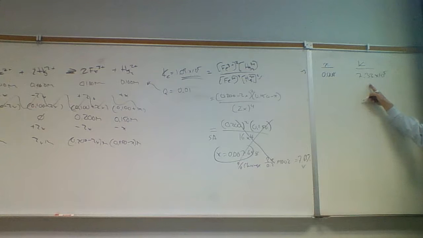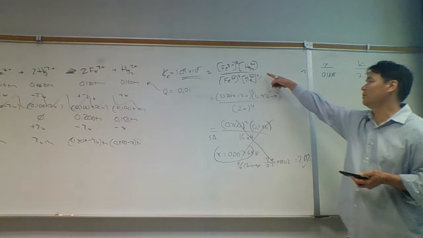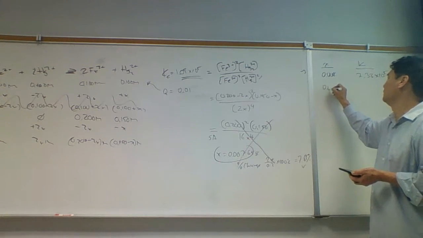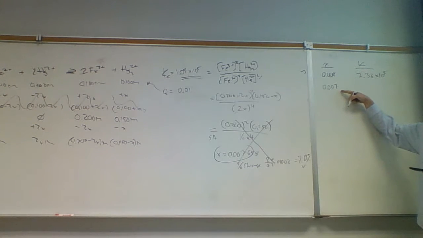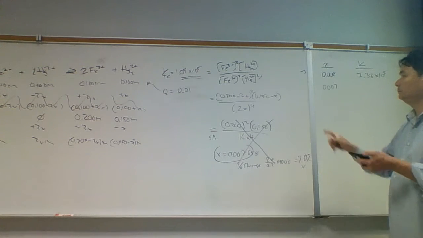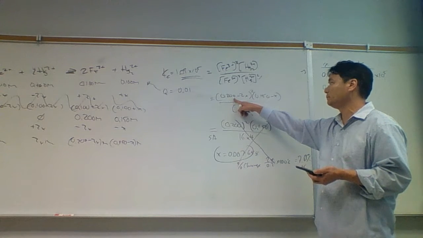So 7.33 times 10 to the fifth is too big, so we'll bring it down. And now I don't know if bringing this down will bring it down or vice versa. So we just try it, and I don't want to think too much about it. We'll just try 0.07, and see if that does it. So 0.07 times 2 is 0.014, so 200 minus 14 would be 186.